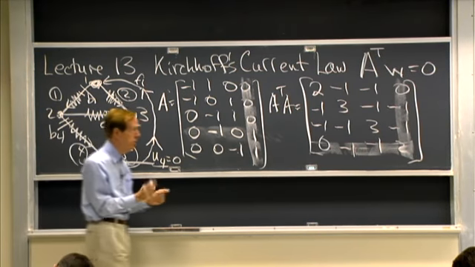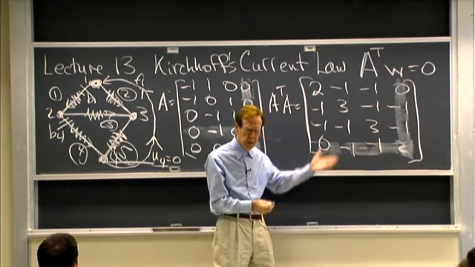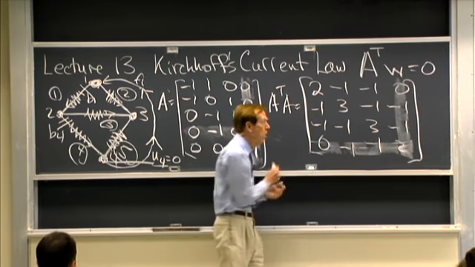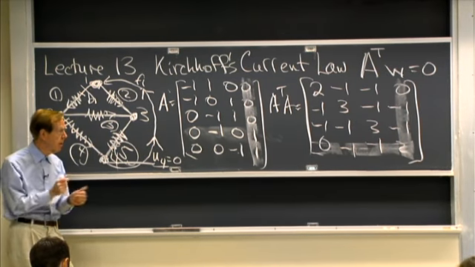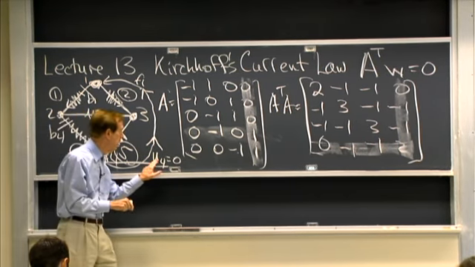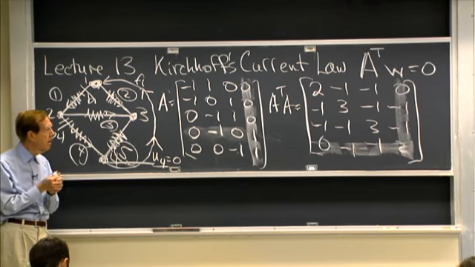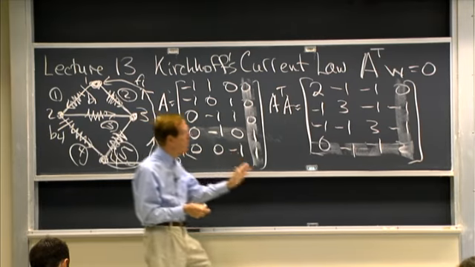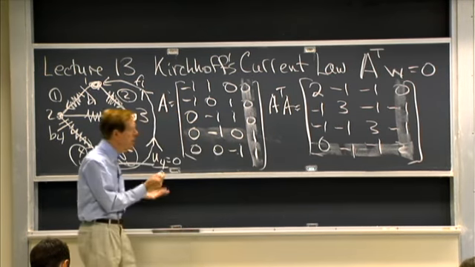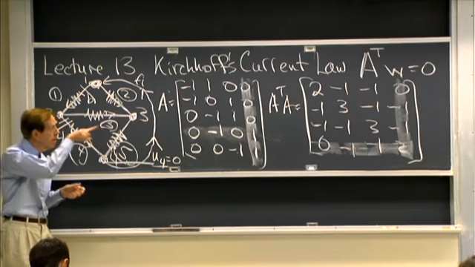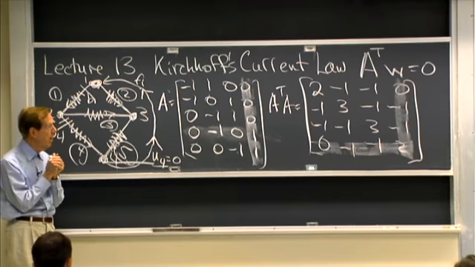Of course, it produces exactly what we want. It leaves us with a 3x3 matrix that's not singular anymore. I've removed that 1, 1, 1, 1 from the null space by fixing a potential, by grounding a node, and the problem becomes just what we want. And I'll write down the equations when I get the Kirchhoff current law to complete the loop.